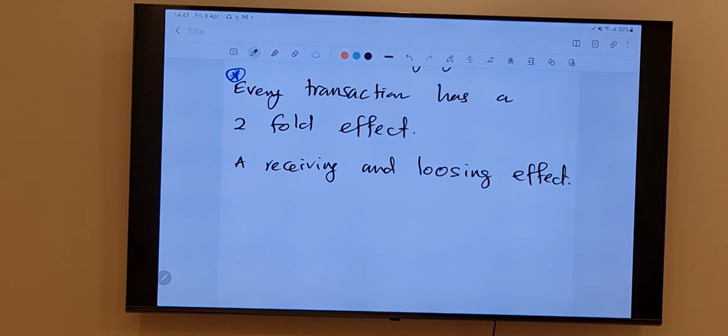Every transaction has a twofold effect, a receiving and a losing effect.